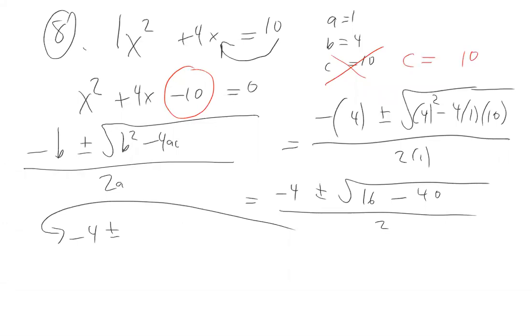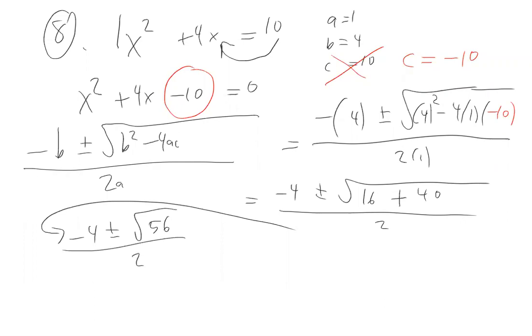So that means this 10 right here needs to be changed to negative 10. And this 40 right here is actually going to be positive 40, because negative 10 times negative 4 is positive 40. And then 16 plus 40 is actually 56, and then over 2.